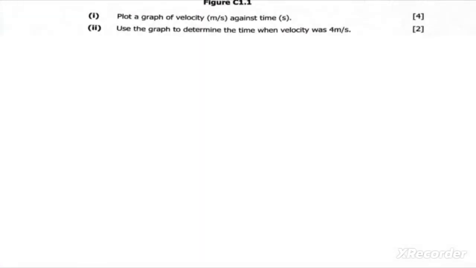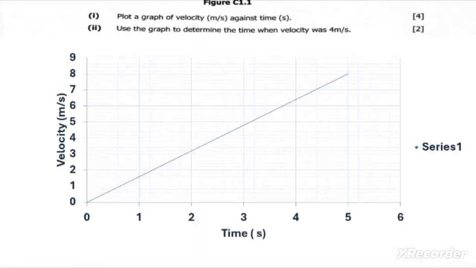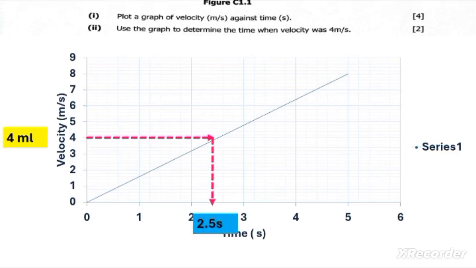We are going to bring back our graph here. We are looking for the time when velocity is equal to 4 meters per second. When the velocity is 4 meters per second, time is 2.5 seconds. So we are going to say 2.5 seconds. We have answered question 2.